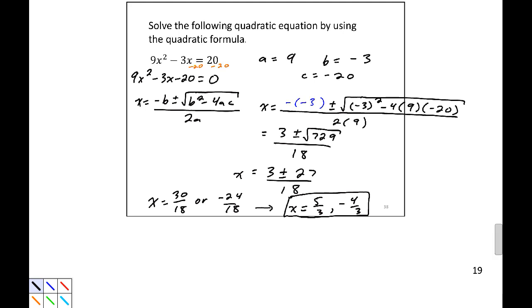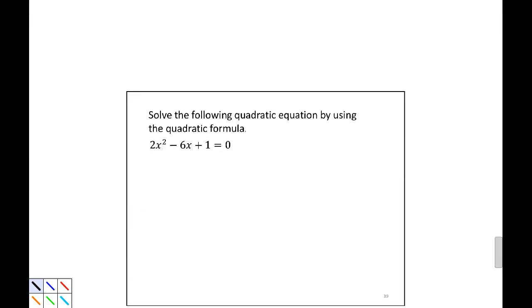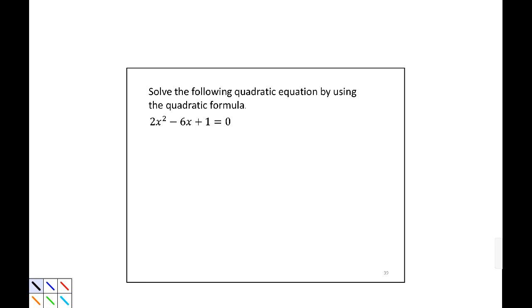Now, for our next example, we first note this is already equals 0. We have a quadratic expression equals 0. So we can go ahead and identify that a is 2, b is negative 6, and c is 1. I'm going to keep writing my formula for a little while.